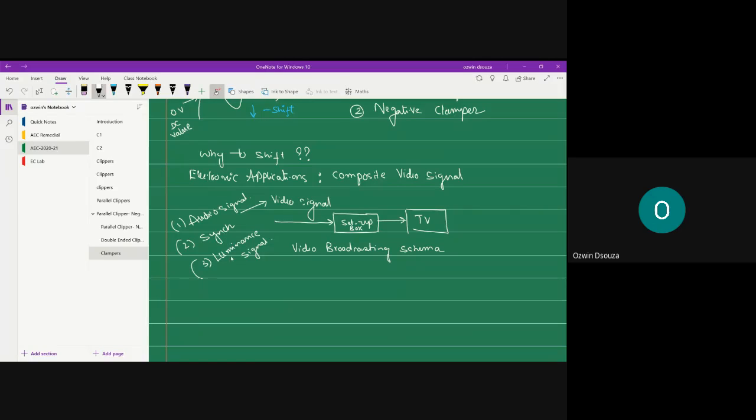Now remember one thing, all these three signals are alternating in nature. Now imagine the condition that you pass all these three alternating signals with zero reference. Let's say this is your second signal, and let's say this is your third signal.